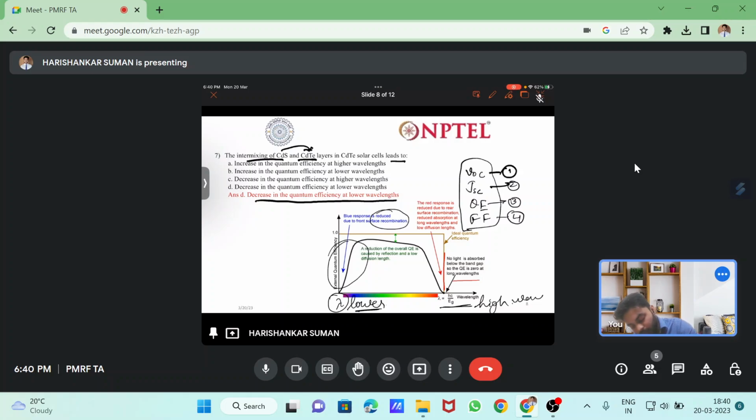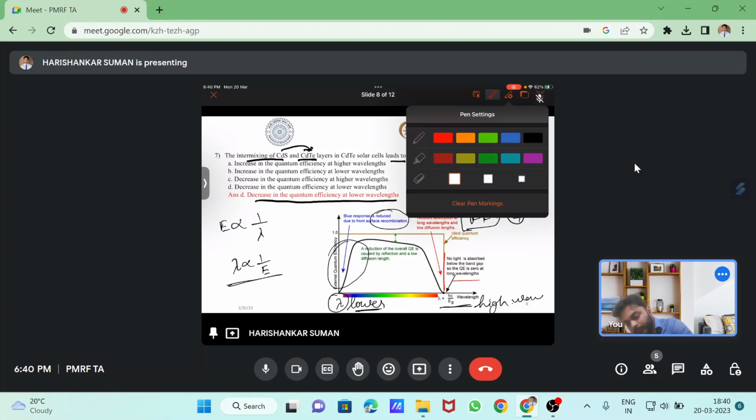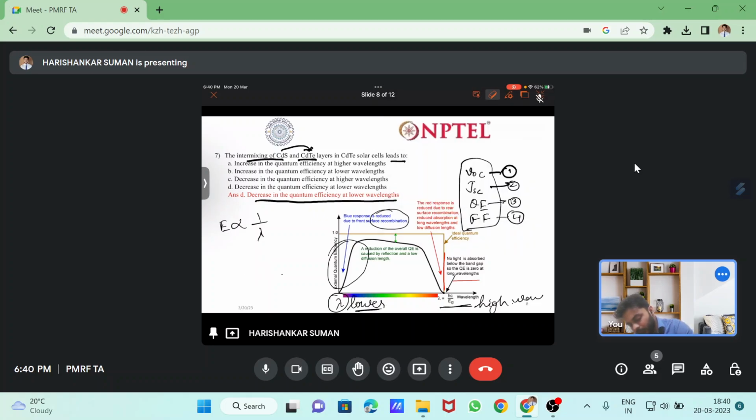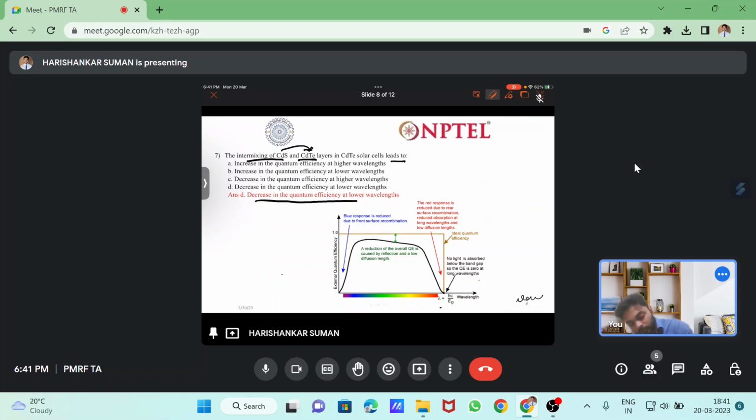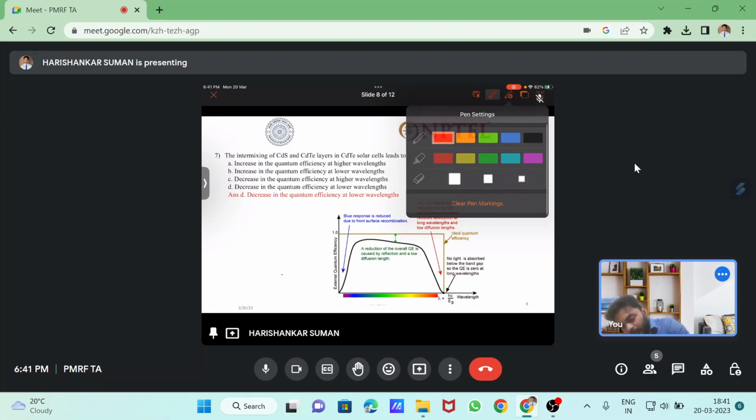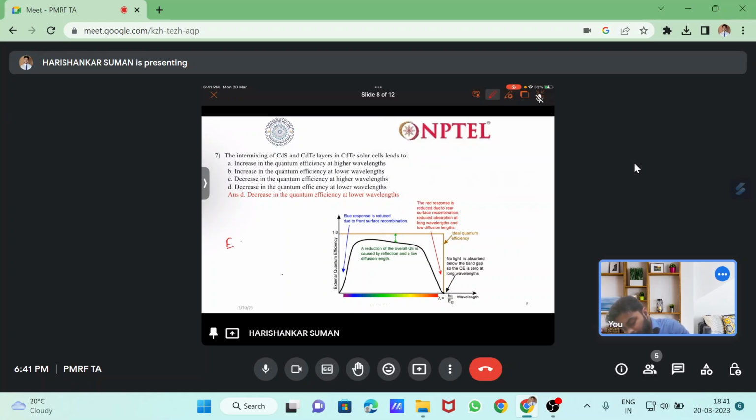Energy is inversely proportional to wavelength. Please remember the energy relation with respect to the wavelength, E equals hc by lambda, exactly.